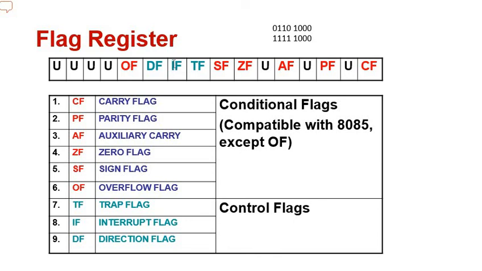By changing the value here, we can ignore the interrupt and continue the program execution. The direction flag is commonly used for string data operations, either to take the data from lower order to higher order address, or from higher order address to lower order address. That will be decided by this direction flag. Thank you.